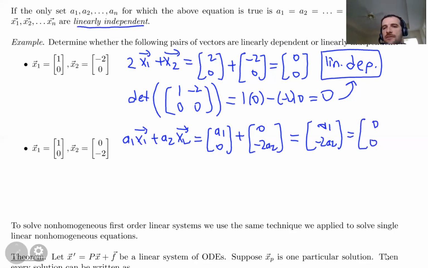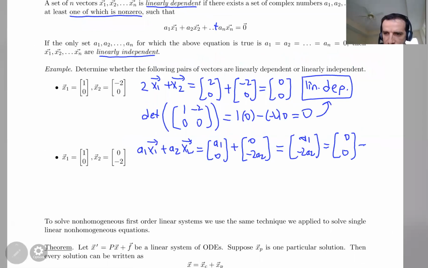And the only possible way to make it equal to 0 is just setting a1 and a2 equal to 0, right? So this implies that a1 is equal to 0, a2 is equal to 0. So the only way a linear combination of these guys equals 0 is those coefficients are 0. So this is linearly independent, okay?